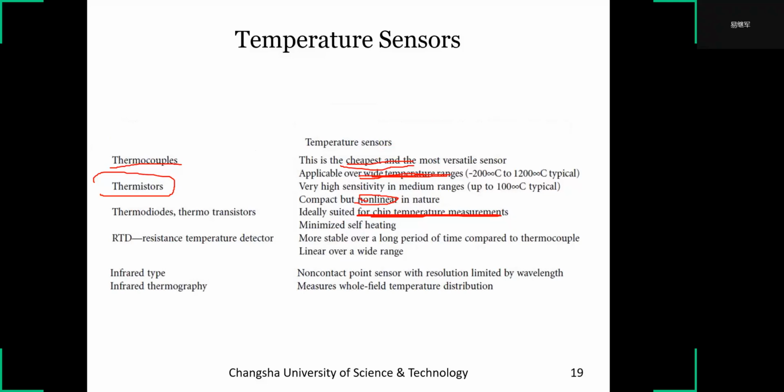Infrared type: non-contact point sensor with resolution limited by wavelength. Thermography measures the whole field temperature distribution, which means when we want to detect many people at once we use infrared thermography. That's it for temperature sensors.